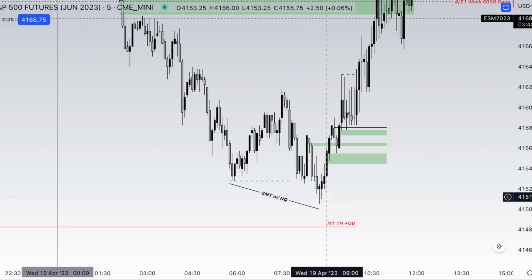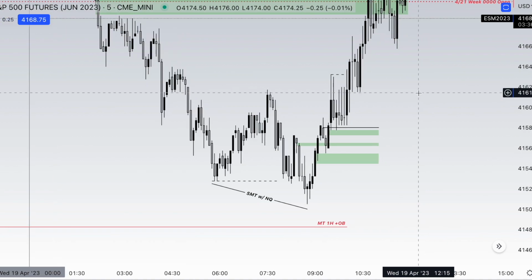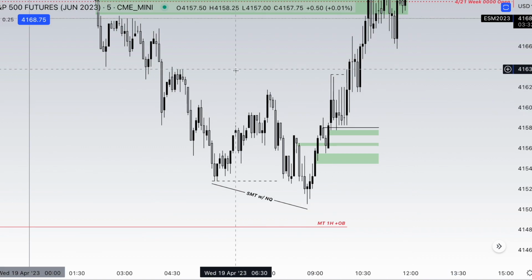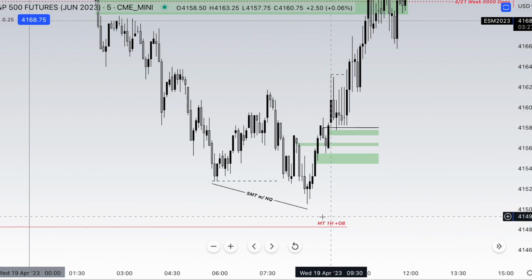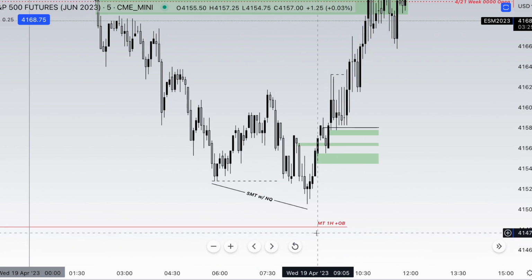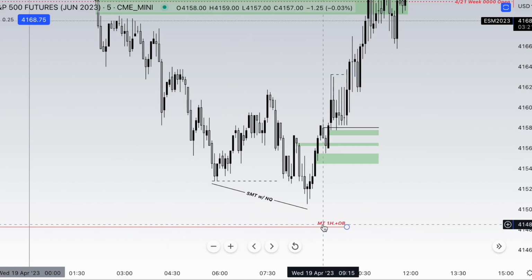Order blocks are always going to change the direction of price action. Sometimes they can be triggered through depending on high volatility, but for the most part, we should recognize that if we were holding a short, within this range we need to close a trade, or vice versa, there could be a potential reversal on our hands.